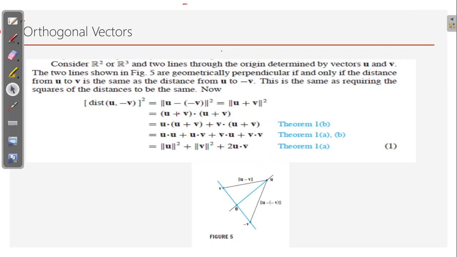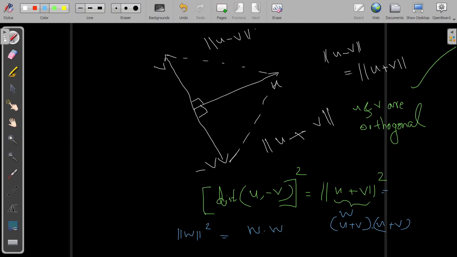Now I am applying the property of inner product: u plus v dot u plus v equals u dot u plus v plus v dot u plus v.